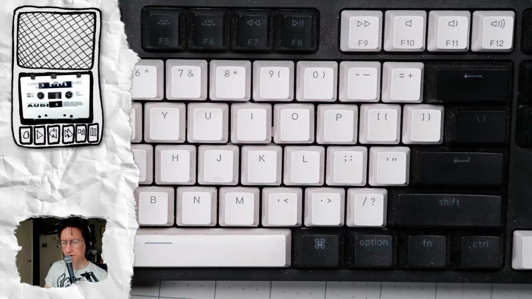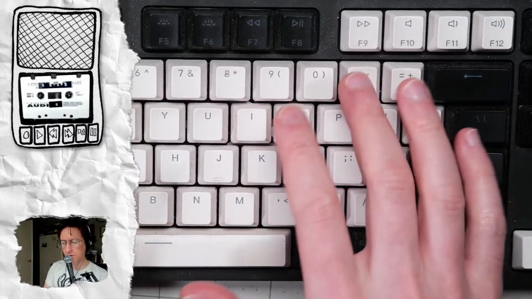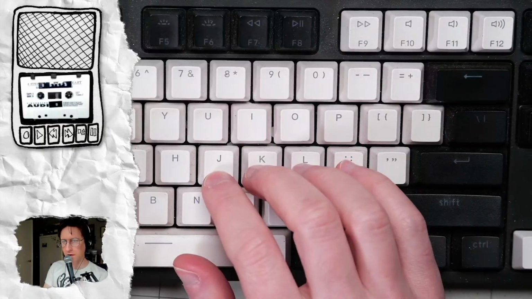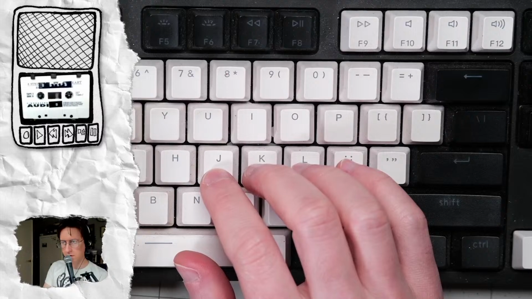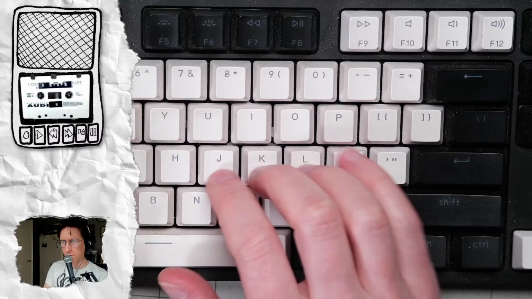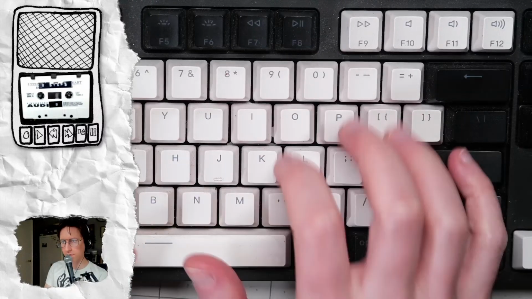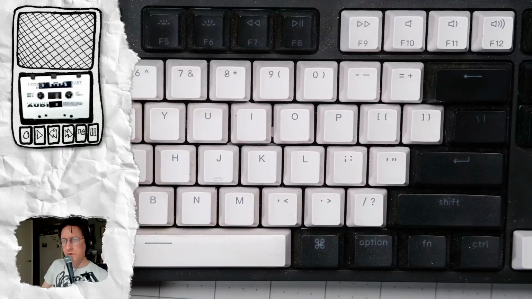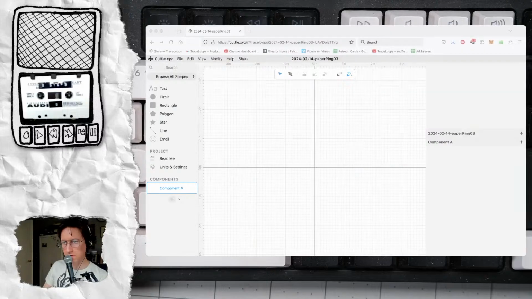This is going to be named 2024-02-14-paper ring 03. Close out of this. And OBS, turn on Firefox, and now you can see me working on stuff.